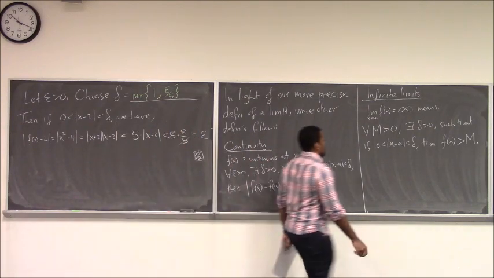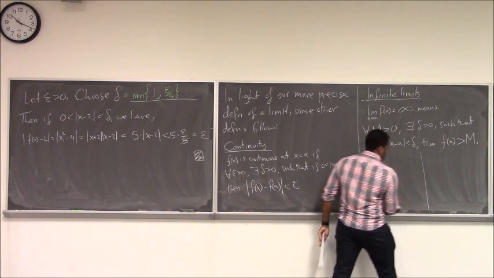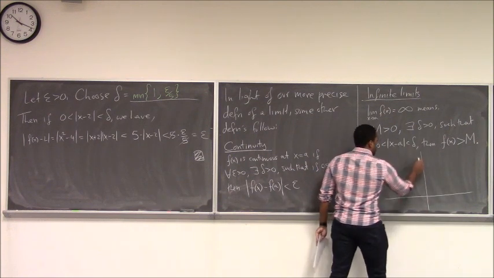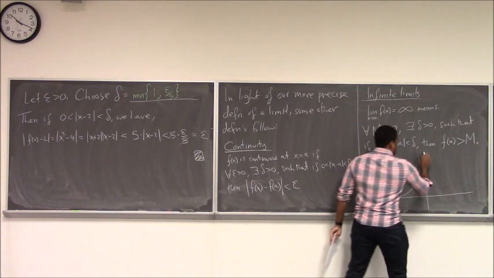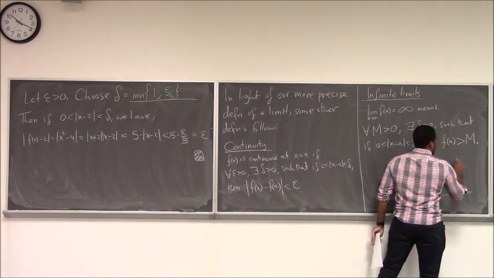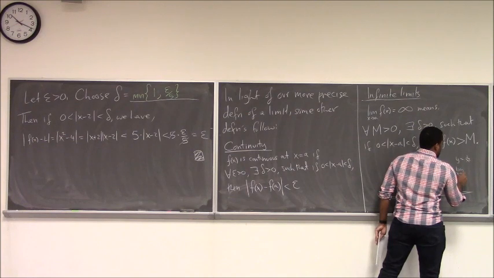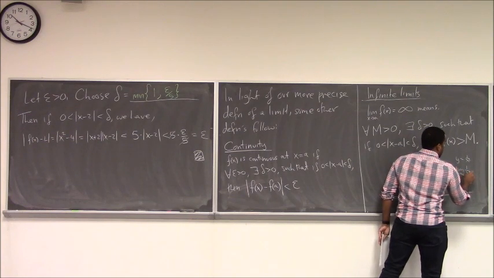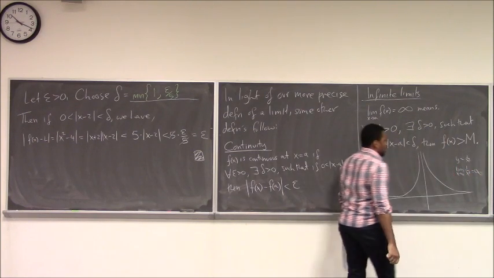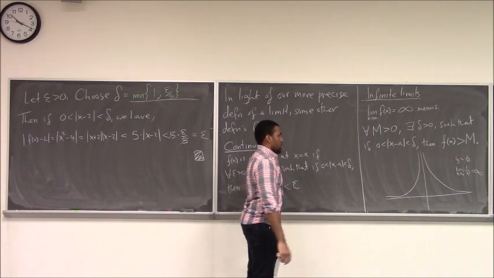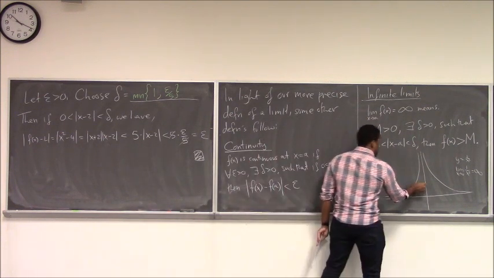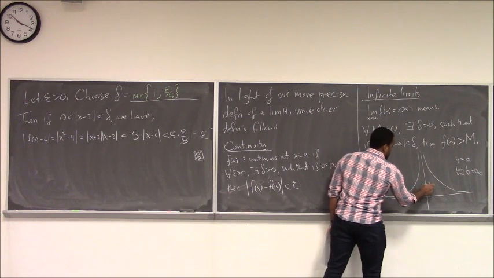So you can think of something like 1 over x squared, and we said that the limit as x approaches 0 of 1 over x squared, we know that's infinity. In other words, pick a value. Someone says 1,000.